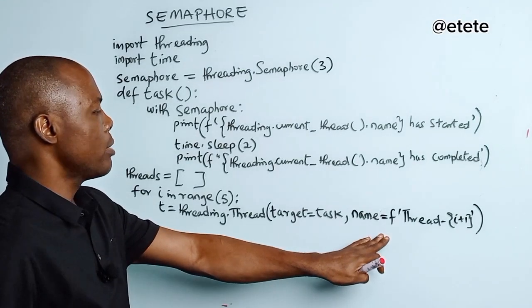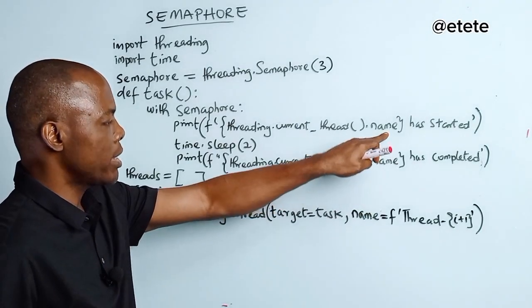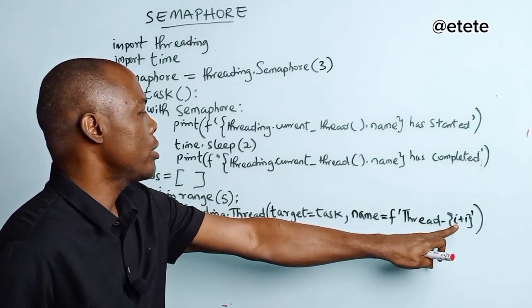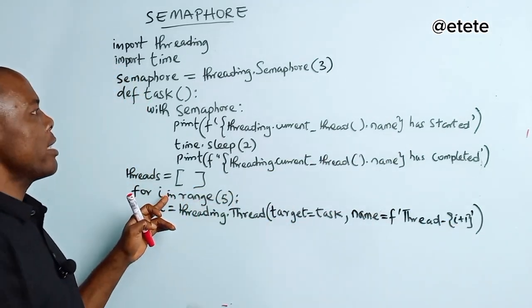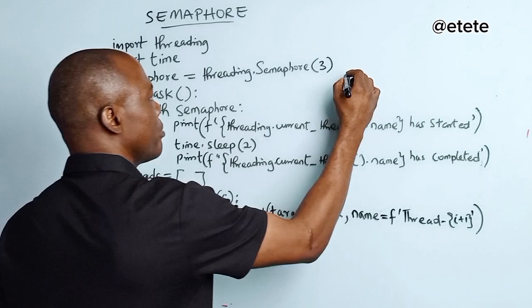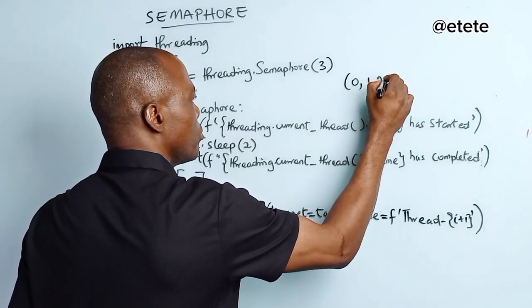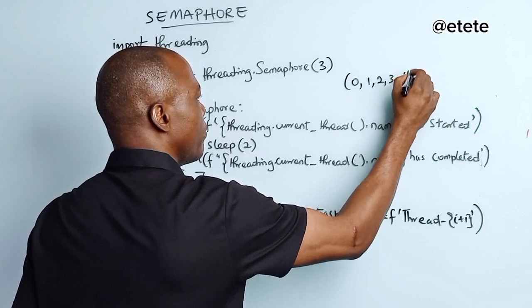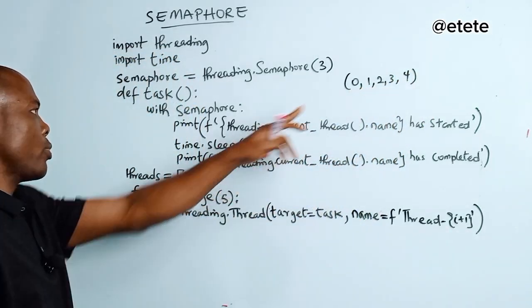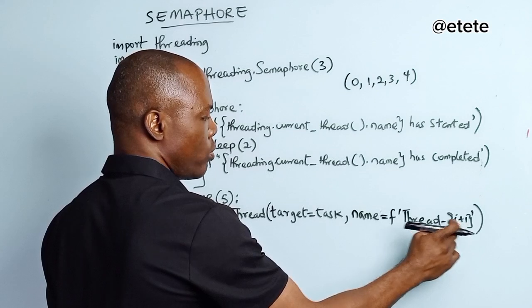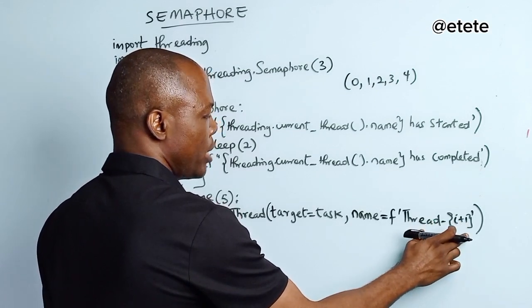So what this is simply saying is this name will be assigned to this. So in getting this name, I will have thread. This i is this range, 0, 1, 2, 3, 4. That is what this range is. So when I copy the 0 to the i, it will come here. 0 plus 1 will give me 1. So this will give me the thread name, thread 1.